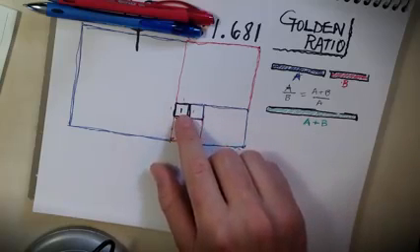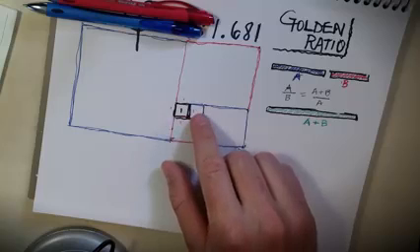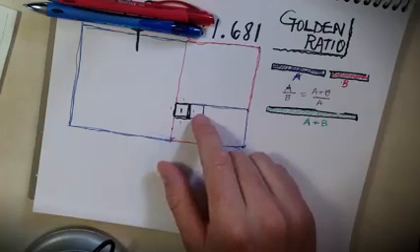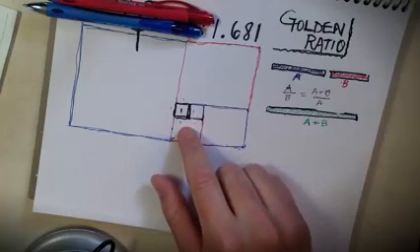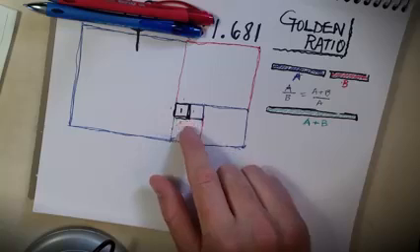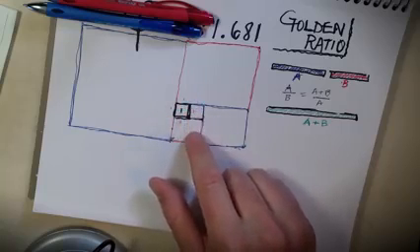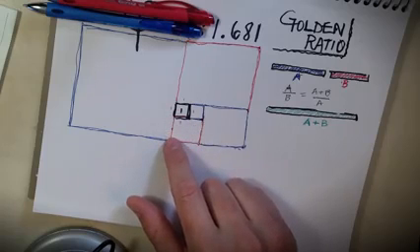If we say 1, then the next number is the sum of the previous two, 0 and 1, which is 1. The next number is 1 and 1, which is 2, and that's why that's 2 units.